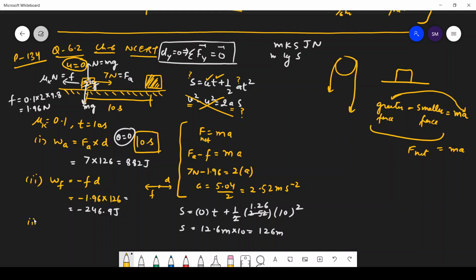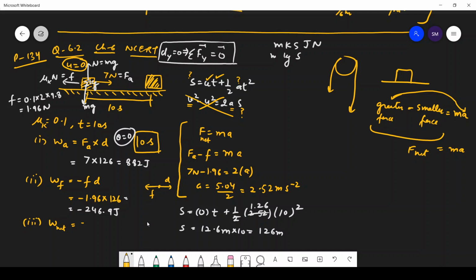Now third, work done by net force. So that's your net force, 7 Newton minus 1.96, that is 5.04. So net force is in which direction? It was in this direction.